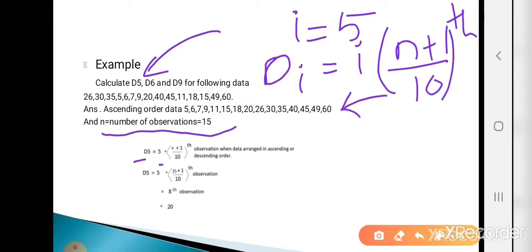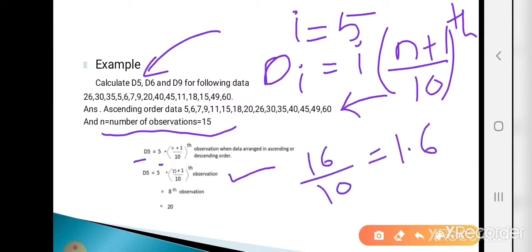So D5 is equal to 5 times (n plus 1) divided by 10th observation. Now plug n equal to 15 in the formula. So 15 plus 1 divided by 10, that is 16 divided by 10, that is 1.6. So 1.6 into 5 is 8, so the 8th observation. Which one is the 8th observation here? 20 is the 8th observation. So here the D5 value is 20.